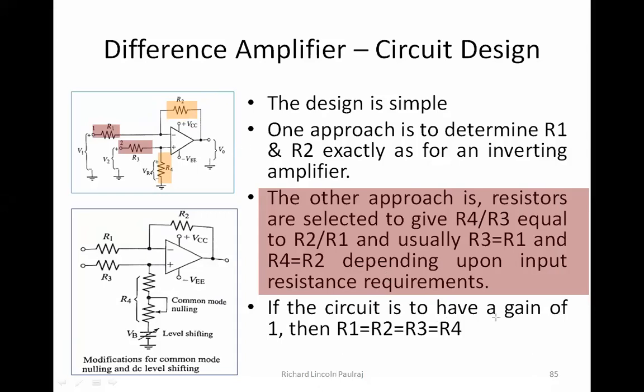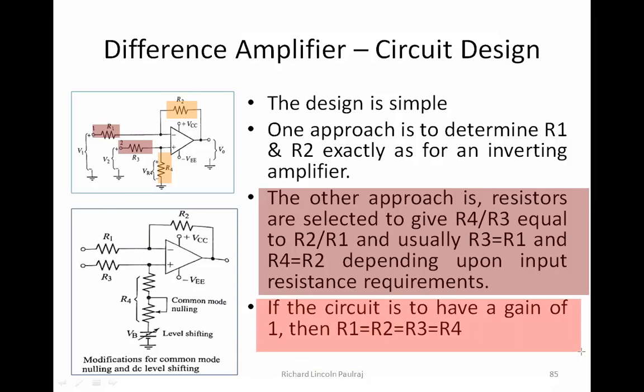If the circuit is to have a gain of 1, now this is going to be a very ideal state, then I need to make sure that all of my resistors, R1, R2, R3, R4, are equal to each other. So three conditions here.